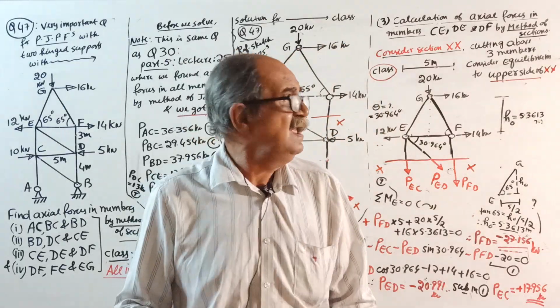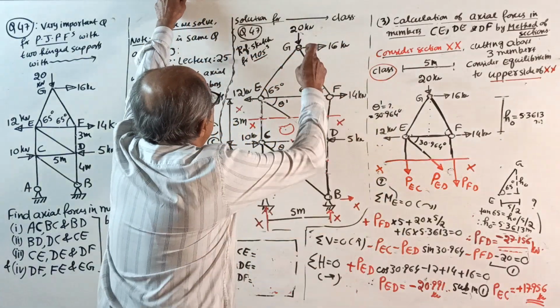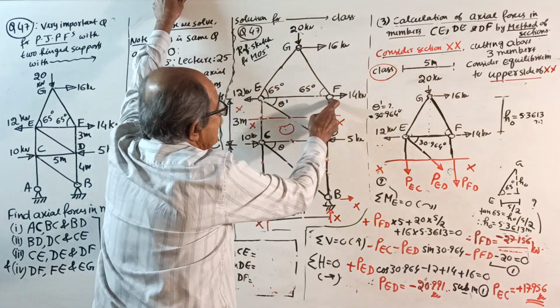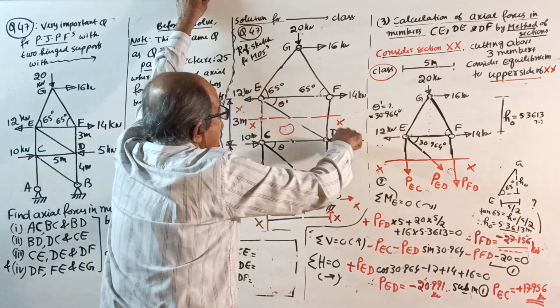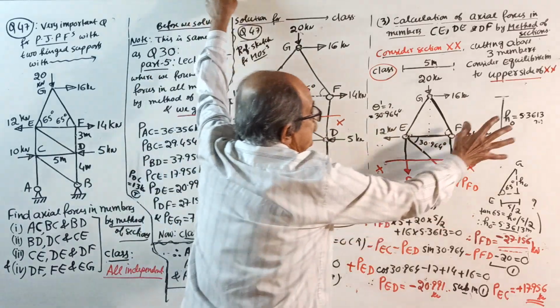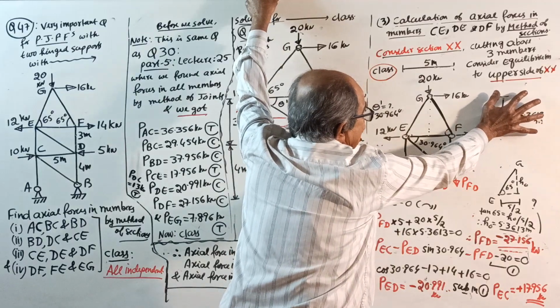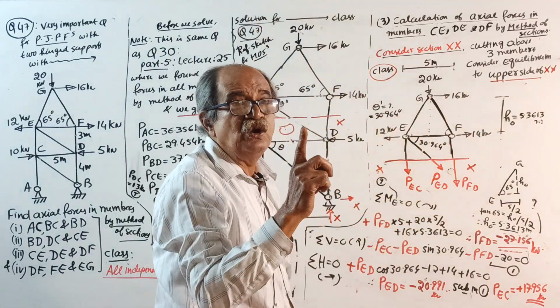Okay, now I wrote already. See, G intact, E intact, F intact. This all I told you. EC, ED, XE. This height is still not known. Don't write the height here.